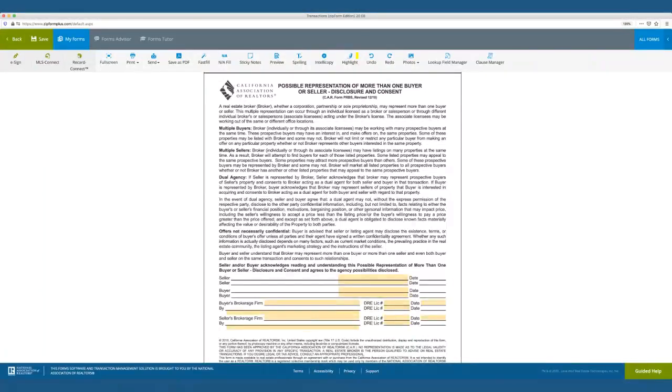The brokerage may represent other people for that same property. The brokerage may have like properties available. So that's what you're disclosing here.